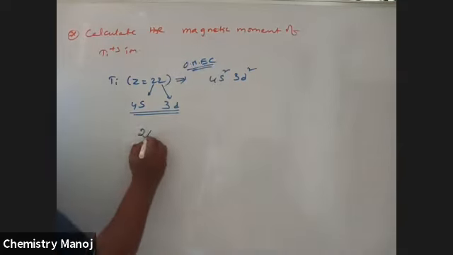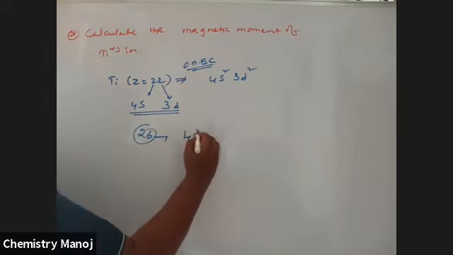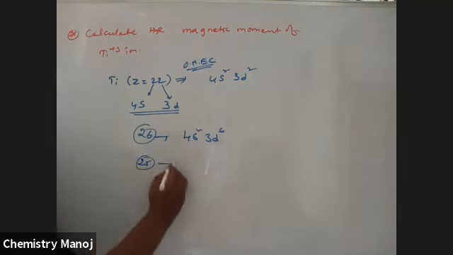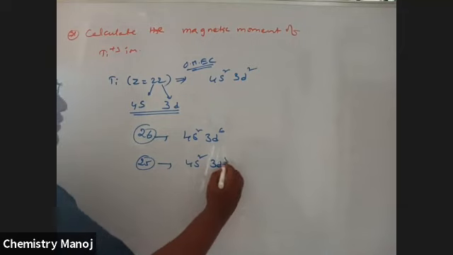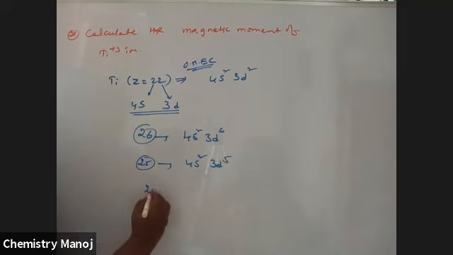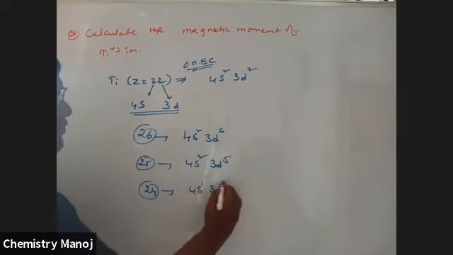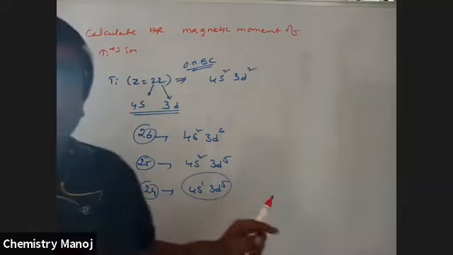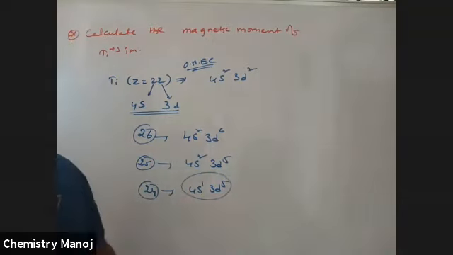If it is 26, our electronic configuration is 4s2 3d6. If it is 25, it is 4s2 3d5. If it is 24, that is chromium, please mind, 4s1 3d5, anomalous configuration. So it is easy to identify the electrons with the outermost electronic configuration. That's enough for us to calculate the magnetic moment.